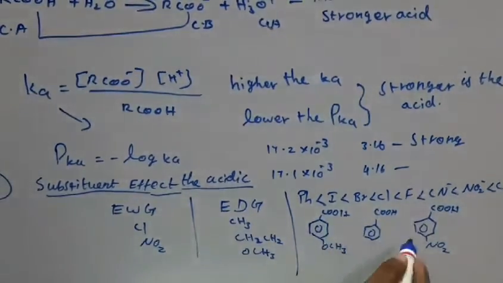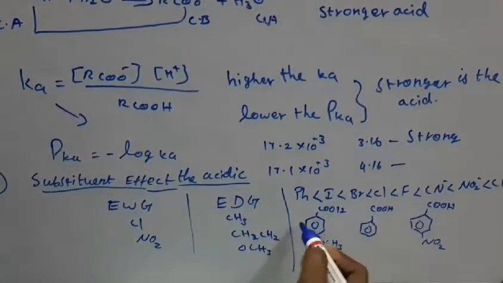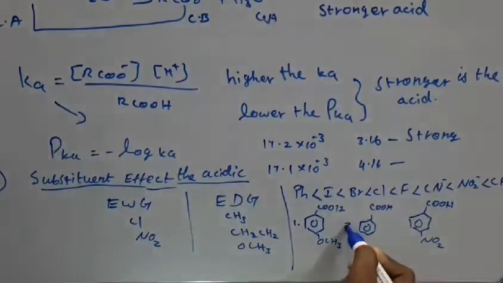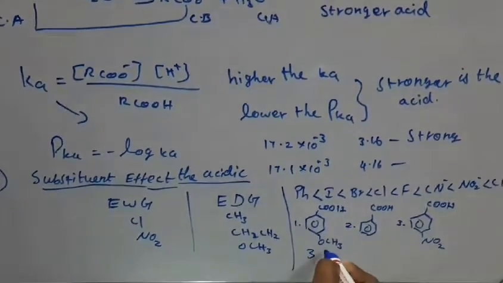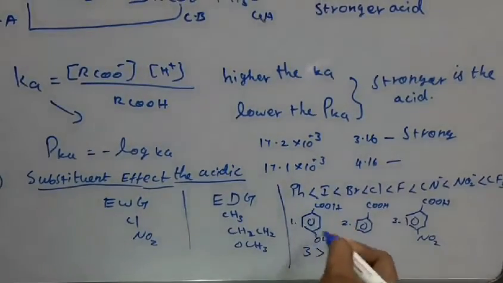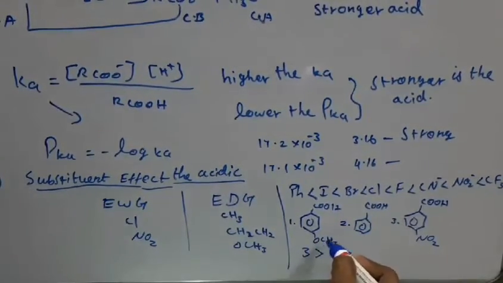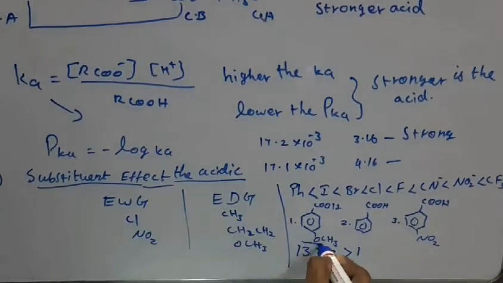So what is the answer here? This is 1, so here we have to write 1, 2, 3. How do you write? 3 greater than 2 greater than the least one. Least acidic character is because of the electron donating group. This is your answer.